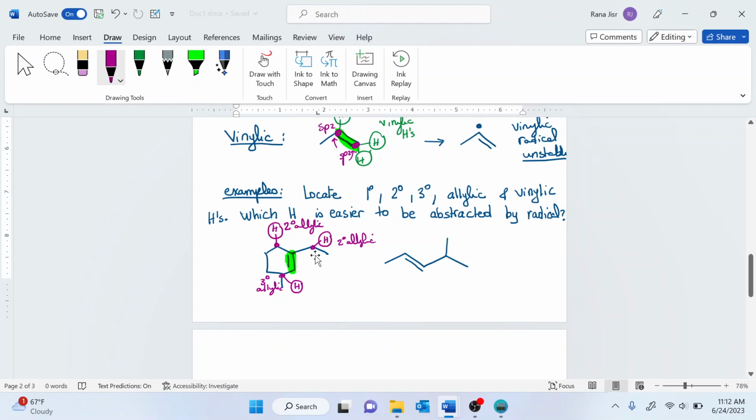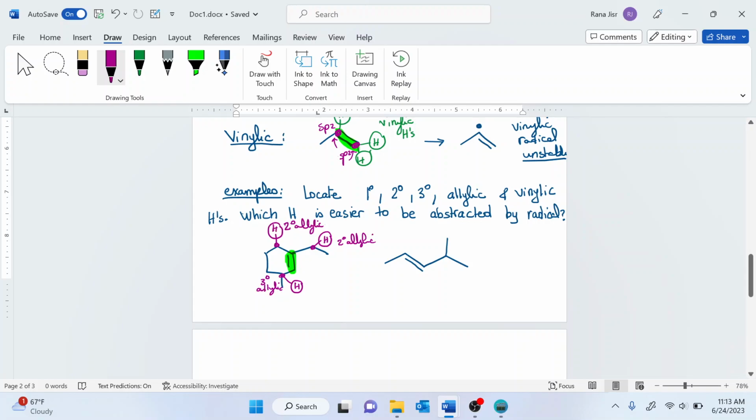So if you're given a structure, you need to identify the most stable hydrogen in that structure, meaning the weakest bond that can be broken, because we said that if you generate a stable free radical, then the bond that it came from is going to be a weak bond and it can be broken easily.